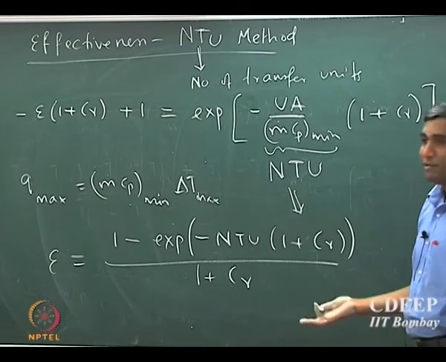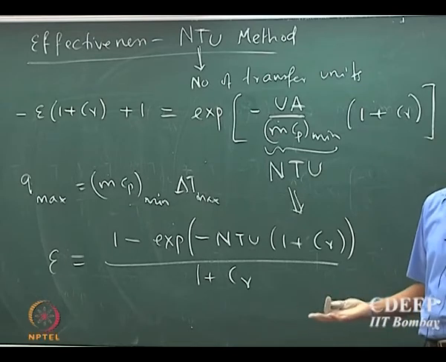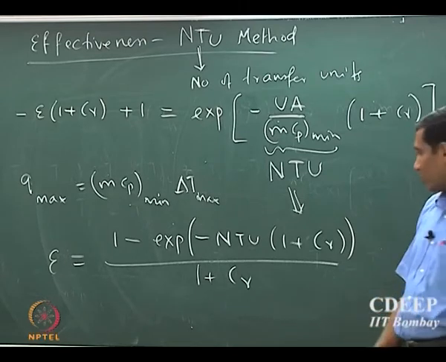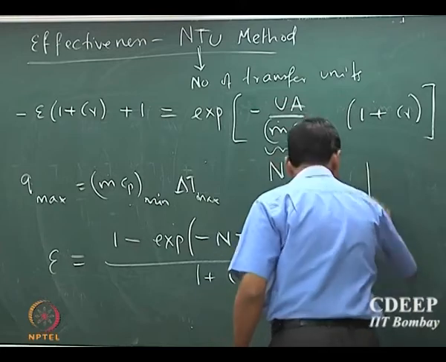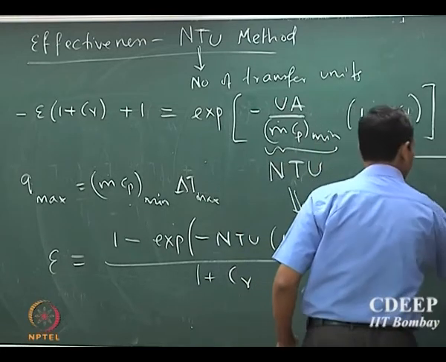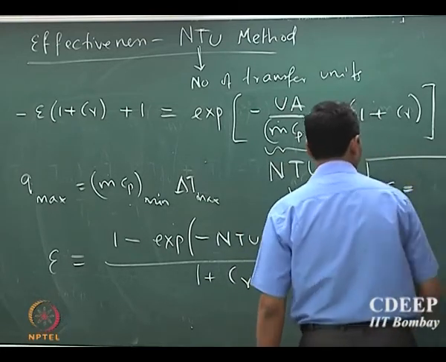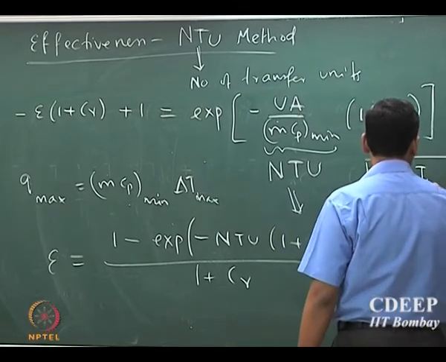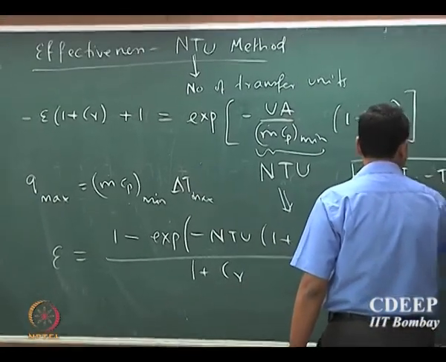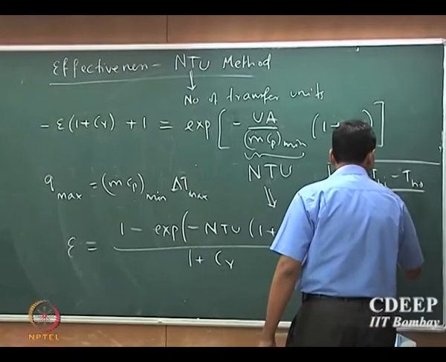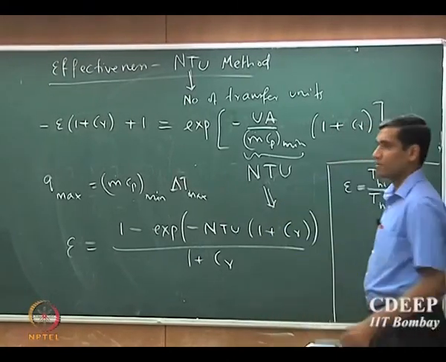Now if I know epsilon, I can find out one of the temperatures. So remember that epsilon is given by Thi minus Tho divided by Thi minus Tci.